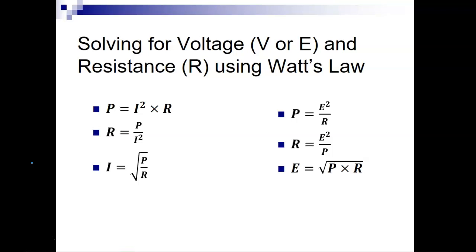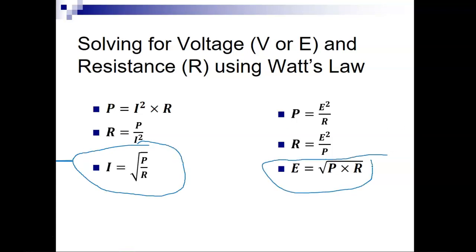So solving for voltage or current, again, the two main ones I would recommend learning are this one and this one. Voltage is equal to the square root of power times resistance, or current is equal to the square root of power divided by resistance.